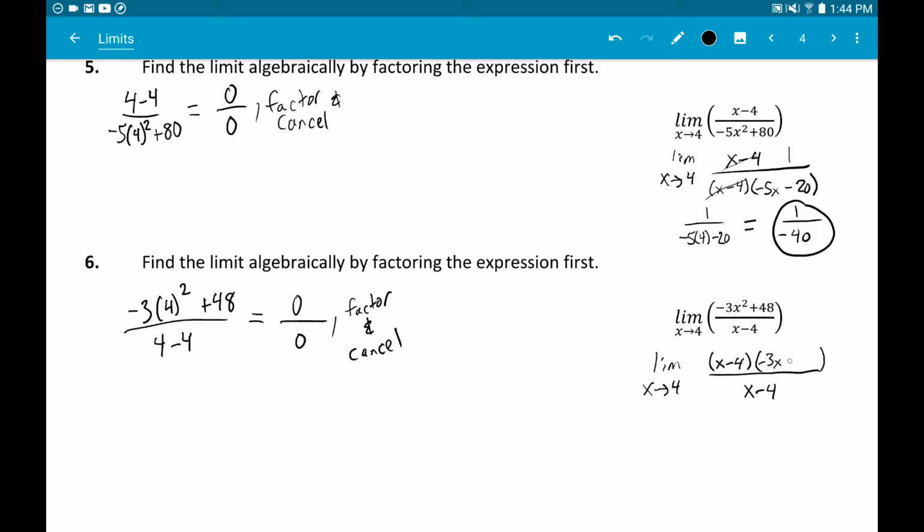And then negative 4 times negative 12 would give you positive 48. So your x minus 4's cancel. Alright, plug in your number, negative 3 times 4 minus 12, that's negative 12 minus 12, which is negative 24.